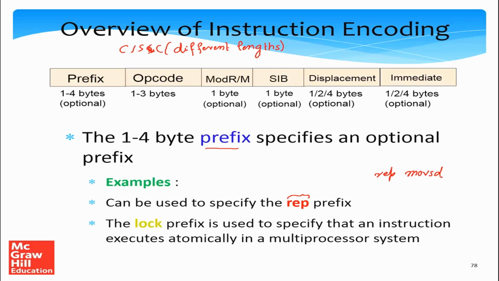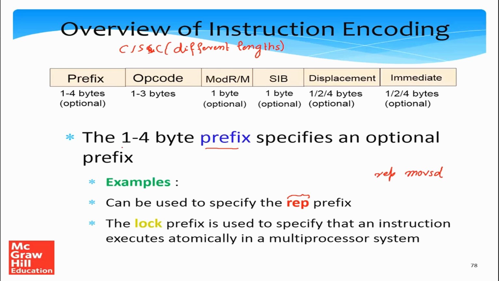There are many other prefixes. The prefixes are typically also used to encode the data size. For example, in a 64-bit instruction set, we can use the prefixes to indicate normal registers and 64-bit registers and so on. In a lot of extensions of the ISA, the prefixes come very handy.